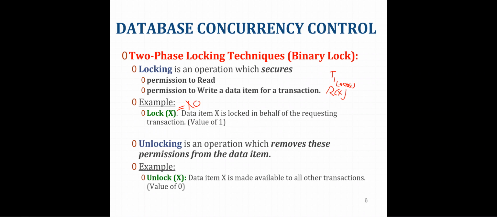So you have to lock X, then read it, and then unlock it. So it's quite strict. And if you want, of course, to write on X, you have to lock it, write on it, and then unlock it.